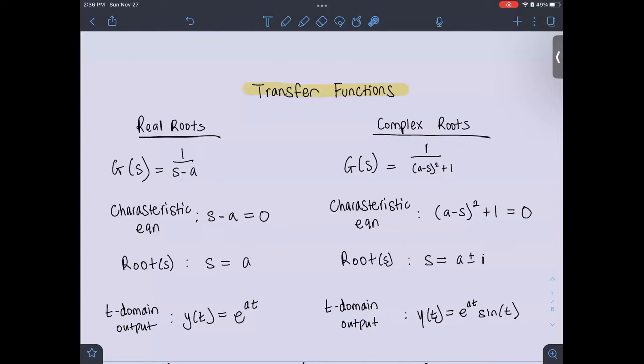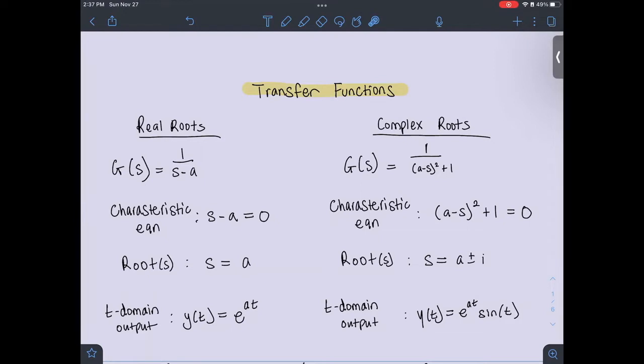If you take the inverse Laplace of your original transfer function, you get the function of the system. So for this example, that would be y of t equals e to the at. Then going into complex roots is the same process, but for a different transfer function that leads to roots that are complex. Here our transfer function g of s is equal to 1 over the quantity a minus s squared plus 1.